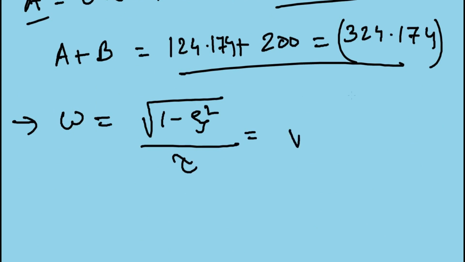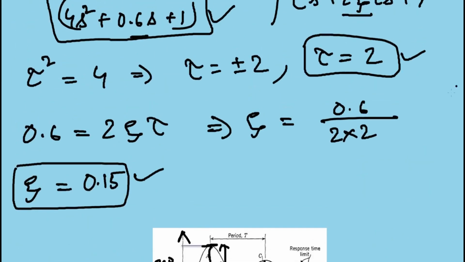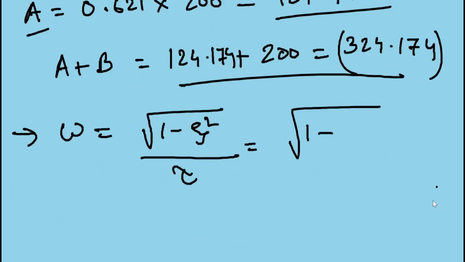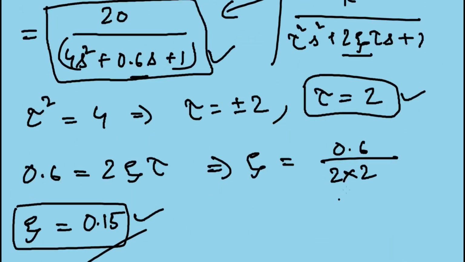So what is the value of zeta? The value of zeta we have calculated as 0.15. So root of 1 minus 0.15 whole square, divided by tau. What is tau? We have calculated the value of tau also, it was 2.